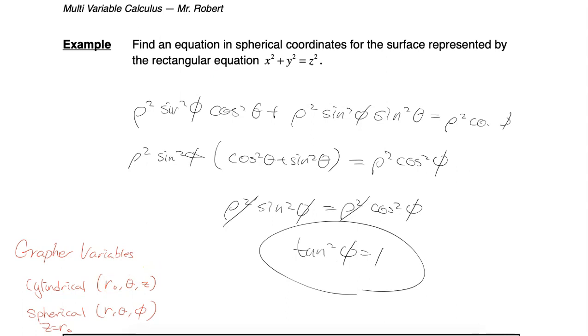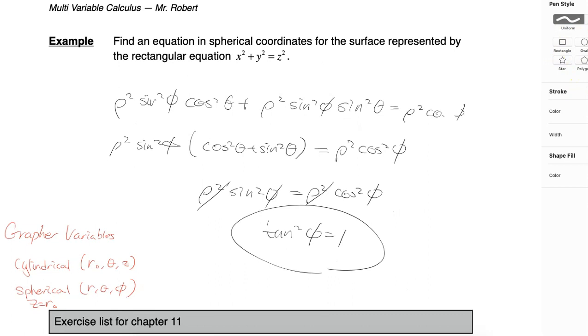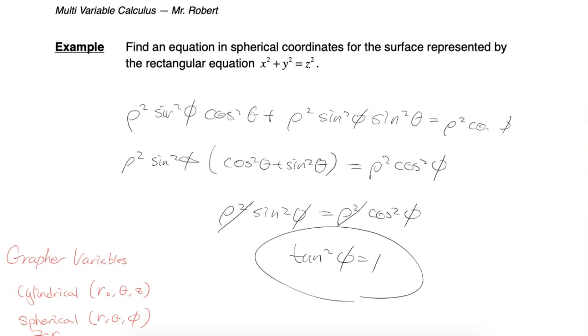It's R with a bar and 0. Theta, you just spell it out, Theta. There's no rho, sorry. Instead of rho, it's R, and instead of R, it's R0. Phi, you just spell it out, Phi.